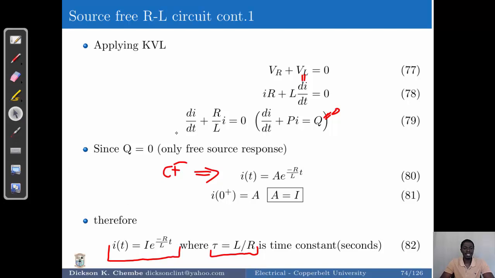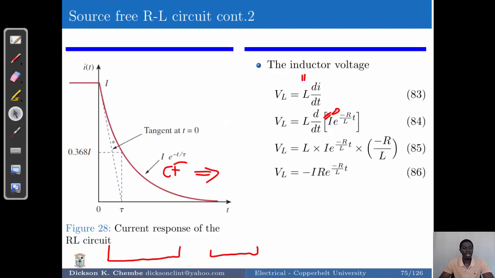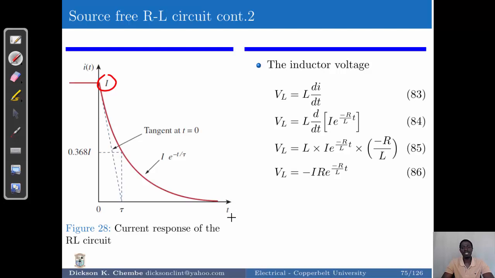Basically that is how the inductor is going to act. And in a similar fashion to the capacitor behavior, we are going to see the discharge of current from the maximum value of I to 0 as time tends to infinity.